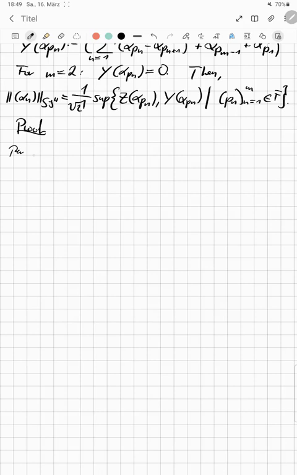We know that per definition, the norm in Sj dash dash, this is just the supremum as k is a positive integer of the following vector, right? Because we just project this onto this k-dimensional subspace, so to say.